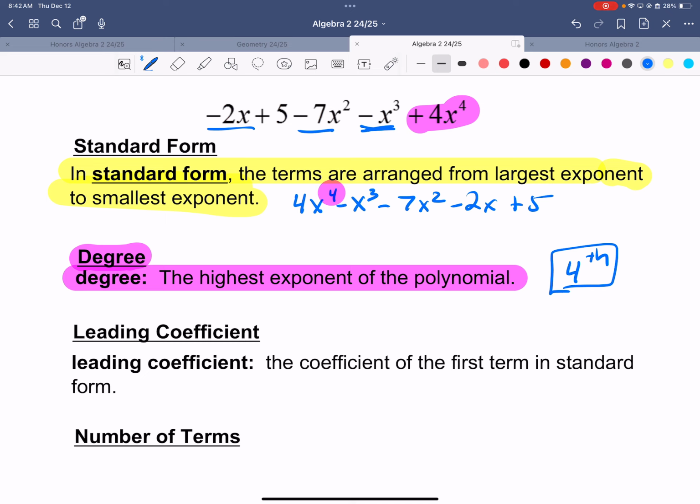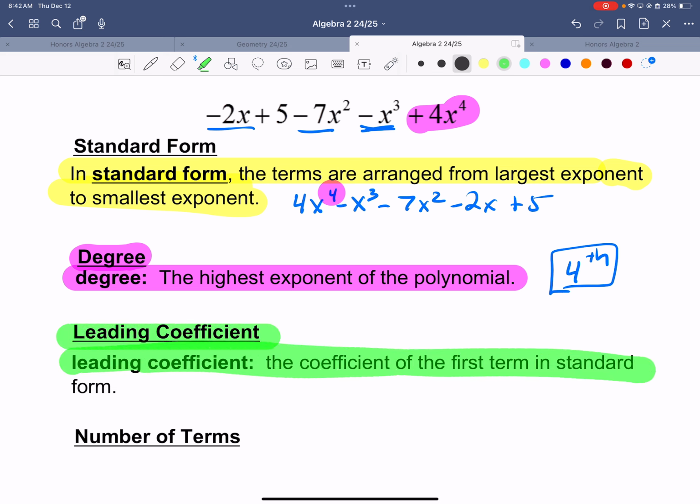And it's fourth degree because my highest exponent is 4. And once you have it in standard form, it's just your first one. Okay? Leading coefficient is the next terminology that we need to talk about. The leading coefficient is the coefficient of the first term in standard form.